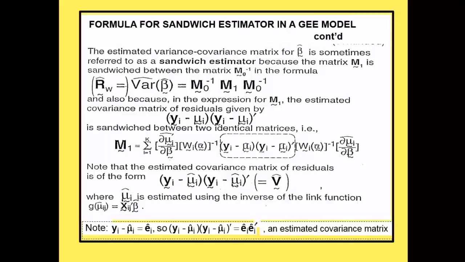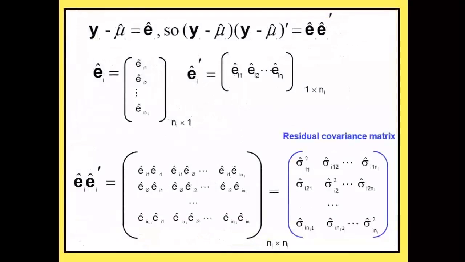So what you're actually getting here is an estimate of a 4 by 4. It's really a correlation estimate or a covariance estimate because you're dealing with error. In fact, here's the formula. Here's a way of breaking it down. Y minus mu is equal to E. Y minus mu hat is E hat. Y minus mu times Y minus mu hat prime is E hat times E hat prime.